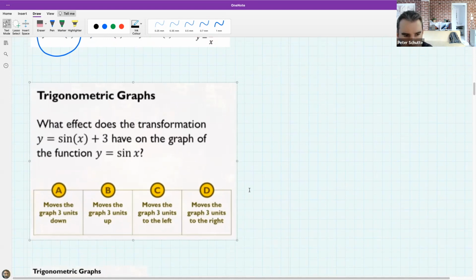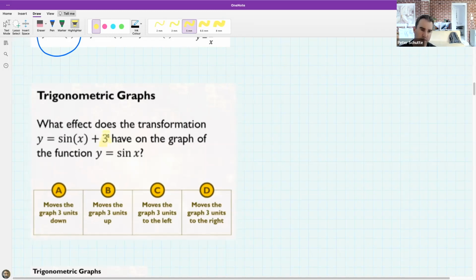What effect does the transformation sine x plus 3 have on the graph of the function y equals sine x? Keep those answers coming in.